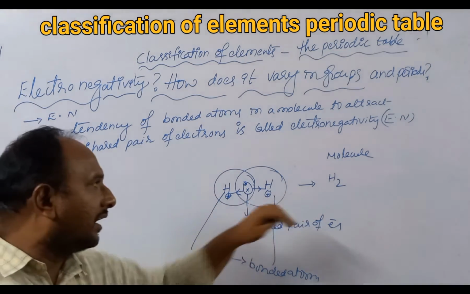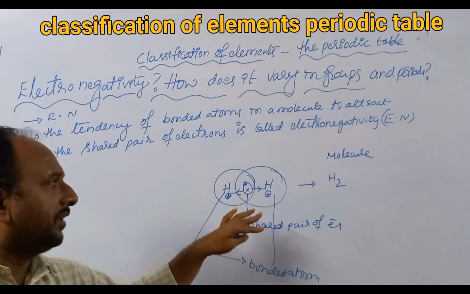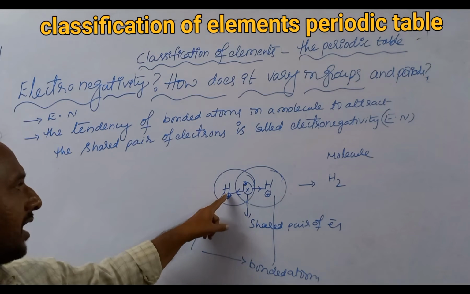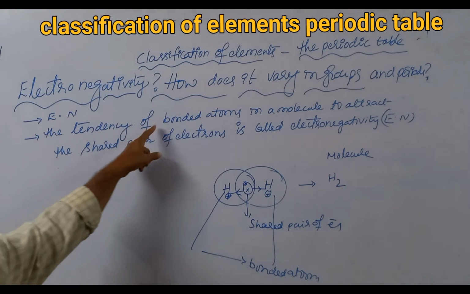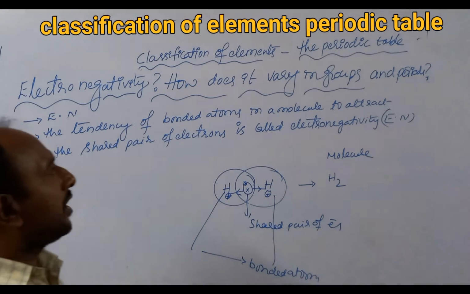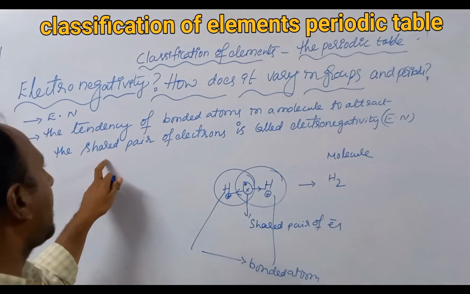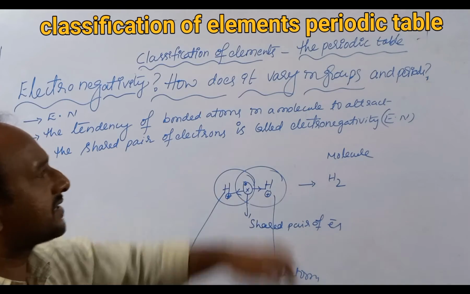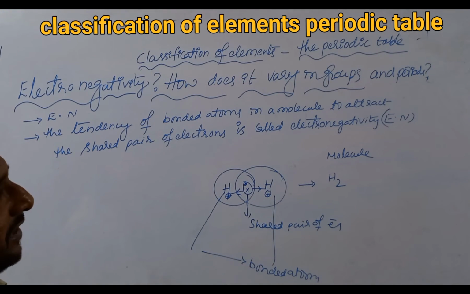So in a molecule in which atoms share a pair or pairs of electrons, those atoms are called bonded atoms. The tendency of a bonded atom in a molecule to attract the shared pair of electrons towards itself is called electronegativity.